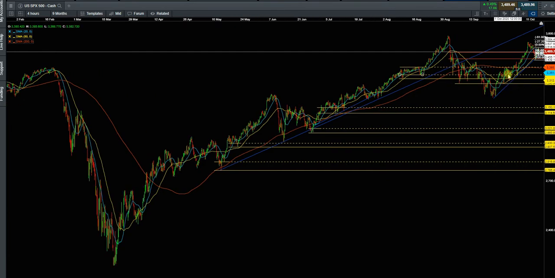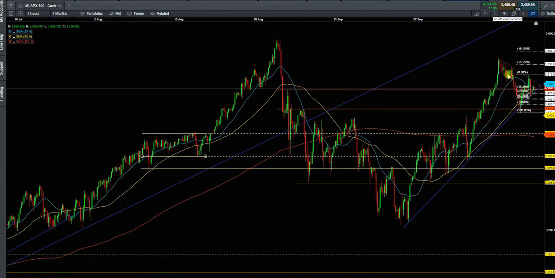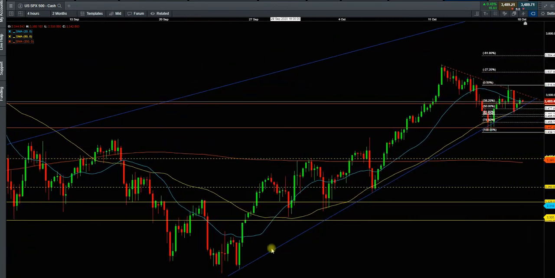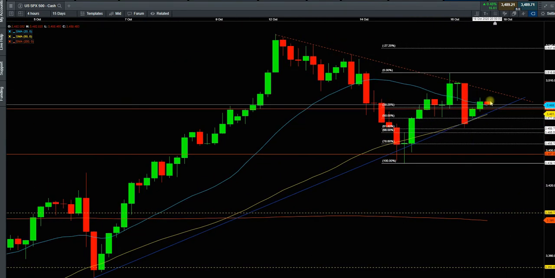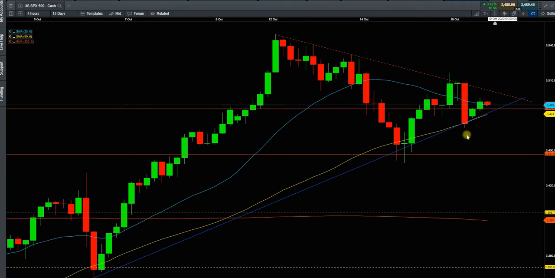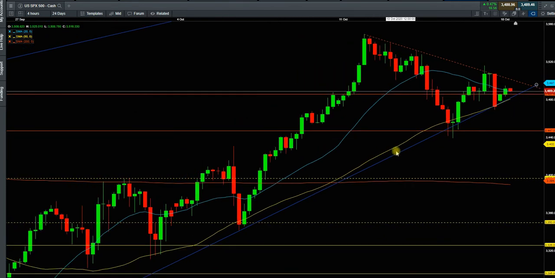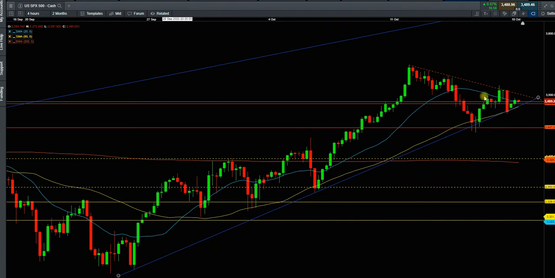Okay, so here in the 4 hour chart, as you see, we have this apex triangle. This is a bullish consolidation above this trend line, and we are holding above the 20 SMA and 50 SMA on the 4 hour chart, and above this trend line.